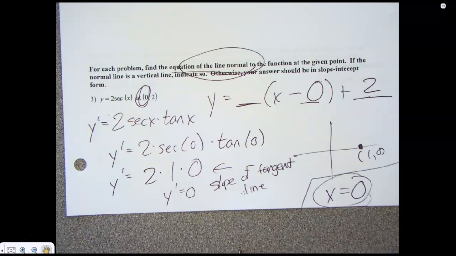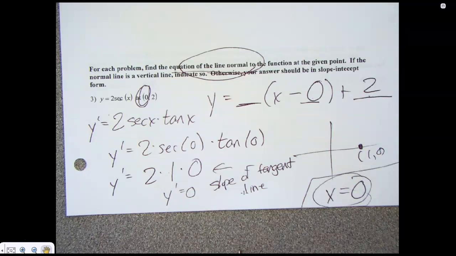I'll write out the thought process. The tangent line is horizontal. But I'm not asked for the tangent line, I'm asked for the normal line. That means the normal line is vertical.